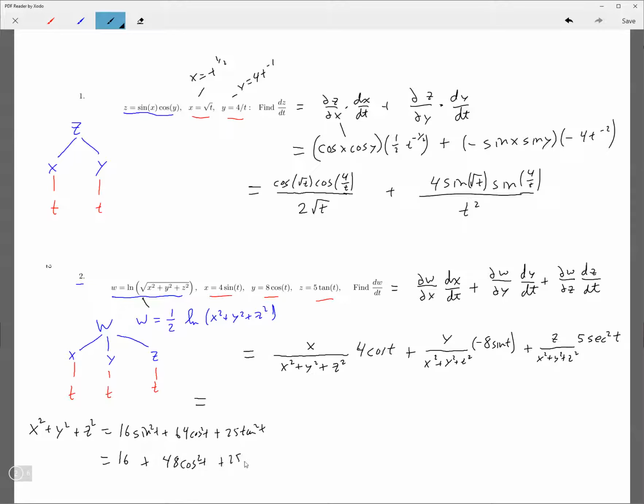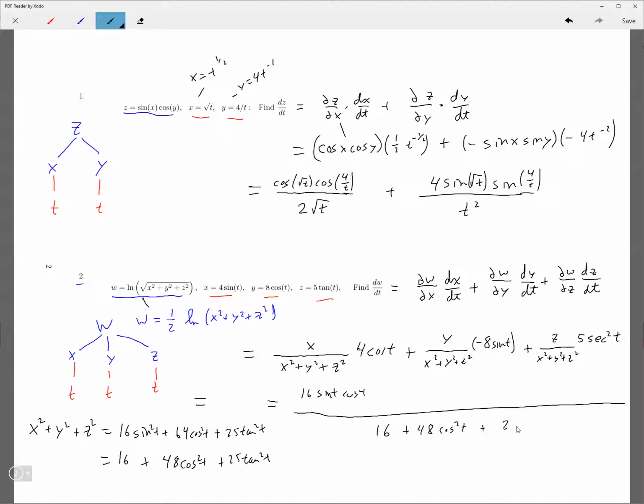So the denominator becomes 16 plus 48 cosine squared t plus 25 tangent squared t. And x is 4 sine t, so the first numerator is going to be 16 sine t cosine t.